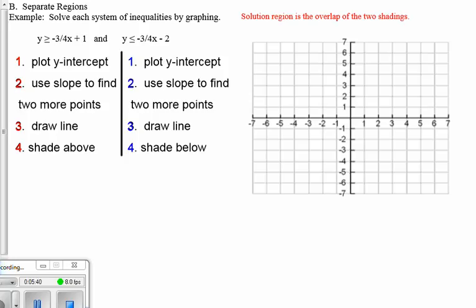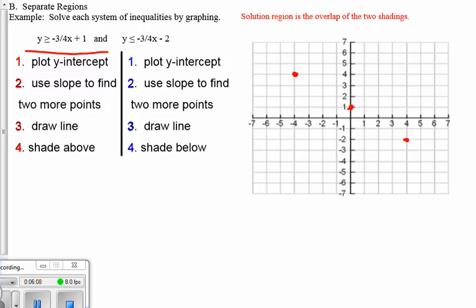So if we look at our first line over here, we have y is greater than negative 3/4 x plus 1. We plot our y-intercept at 1. We go down 1, 2, 3, and over 1, 2, 3, 4. Okay, we can't go too far the other way because this only goes out to 7. But if we started at our y-intercept again and instead went up 3 and left 4, we could plot another spot right there.